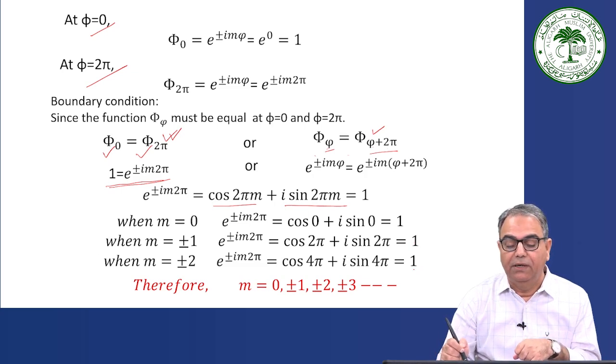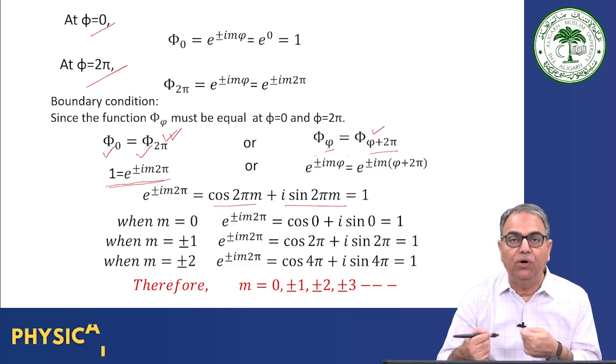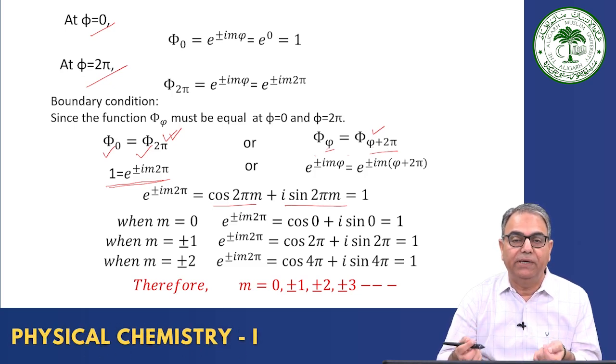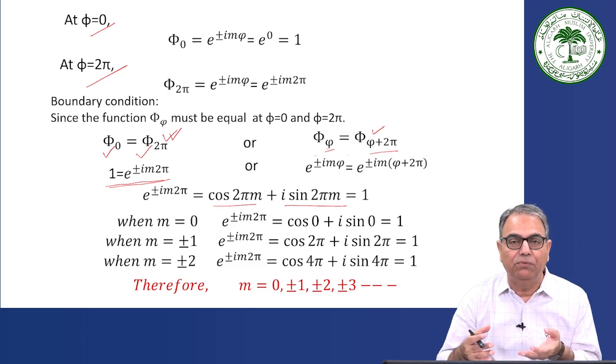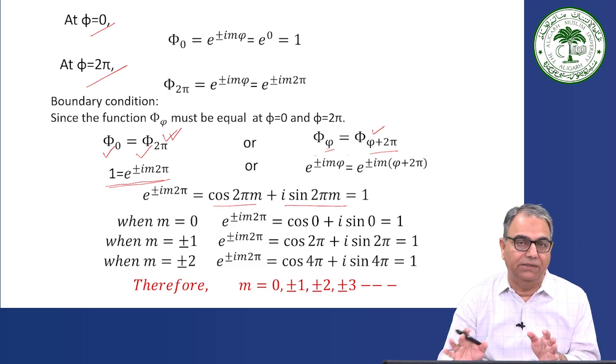What does it mean? This boundary condition restricts the value of m to 0, plus minus 1, plus minus 2, plus minus 3. Remember, when we applied the boundary condition in a one dimensional box, what did we get? We got quantization. Here also m can have a value 0, plus 1, minus 1, plus 2, minus 2, plus 3, minus 3, nothing else.